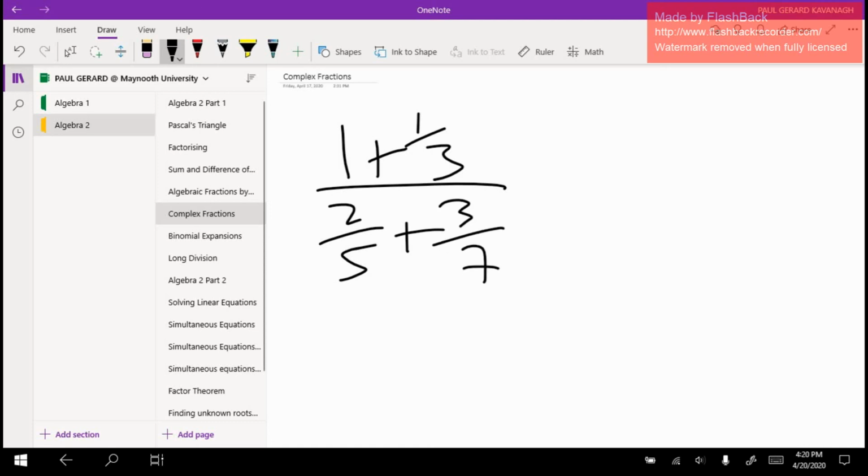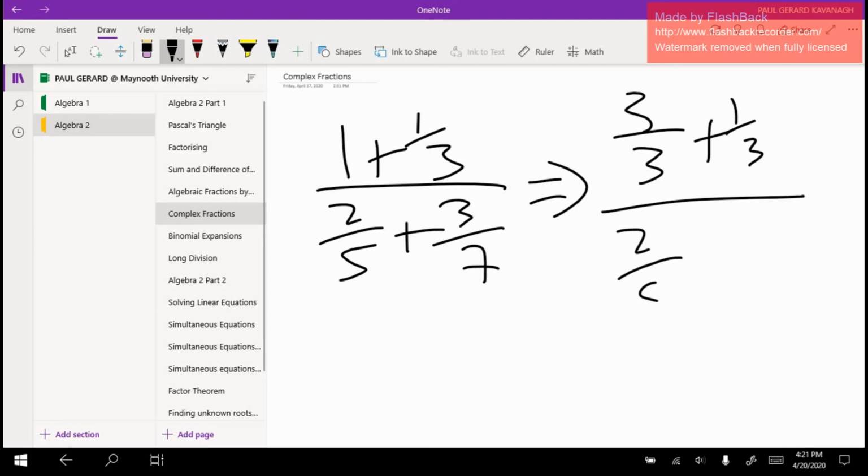What I would try and do first is the 1 and the 1 over 3. 1 whole is 3 thirds, so that's 4 thirds, all over 5 plus 3 over 7.